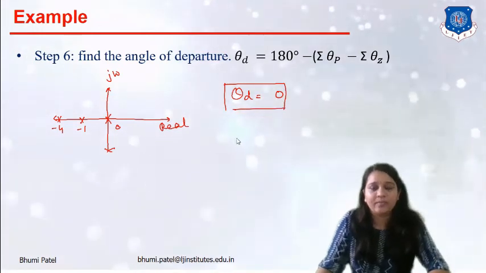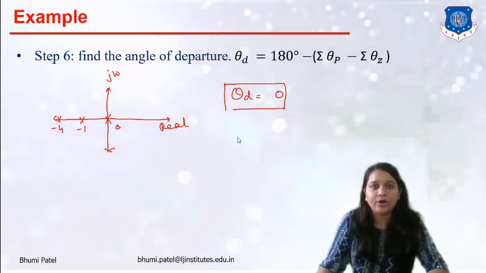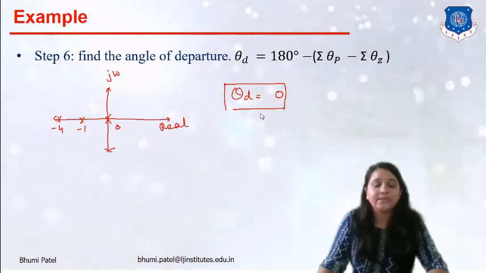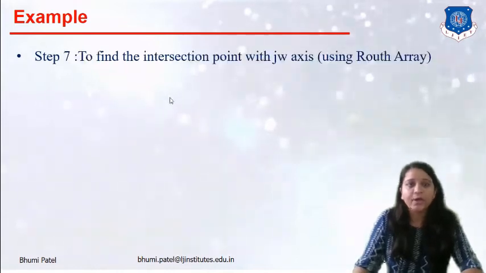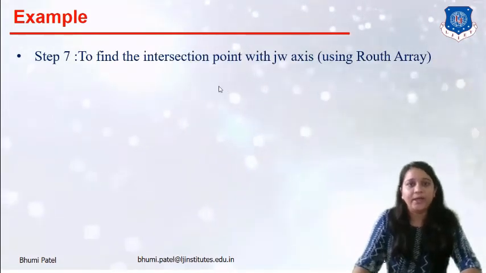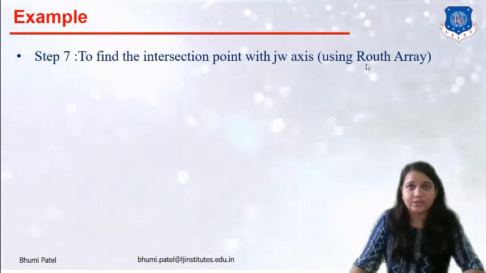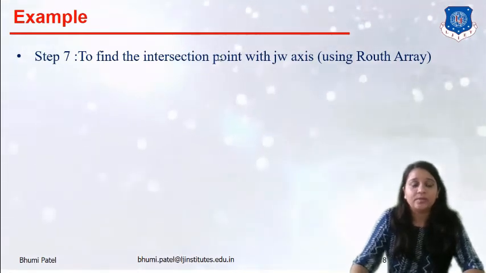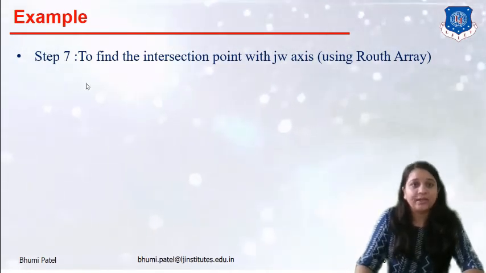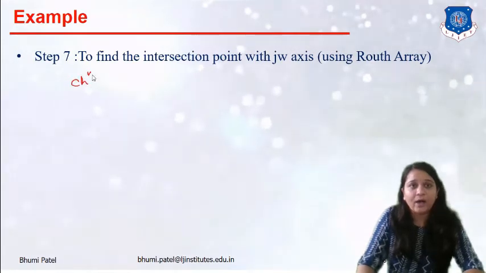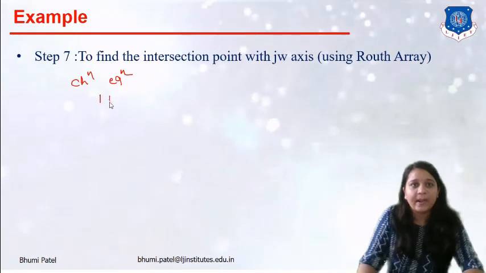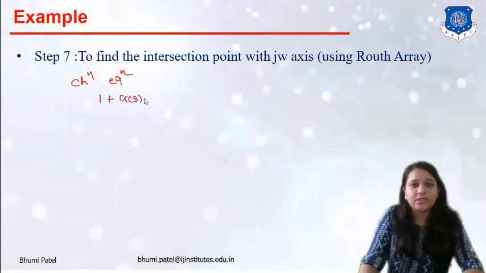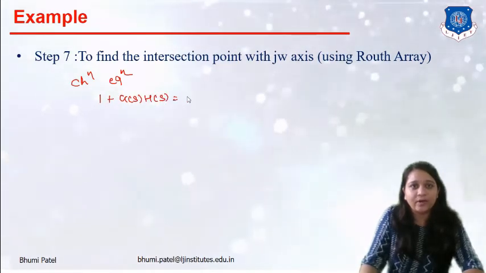Because there are no poles and zeros in the imaginary axis, we find the intersection point with the j omega axis using the Routh array method. First of all, for the Routh array, we have to write down the characteristic equation for this particular transfer function, and the equation is 1 plus g of s h of s is equal to 0.